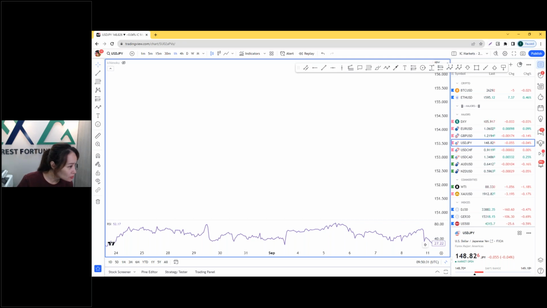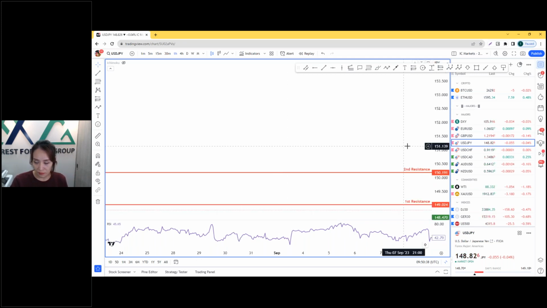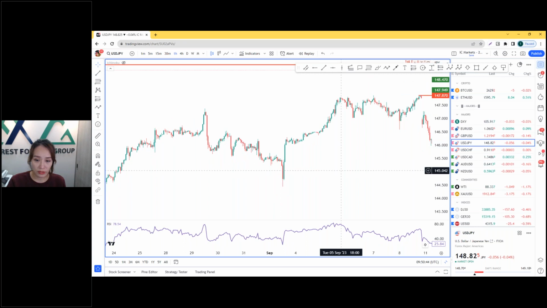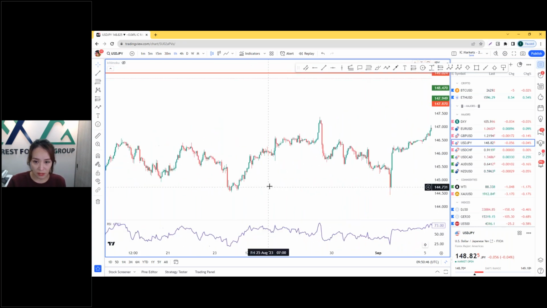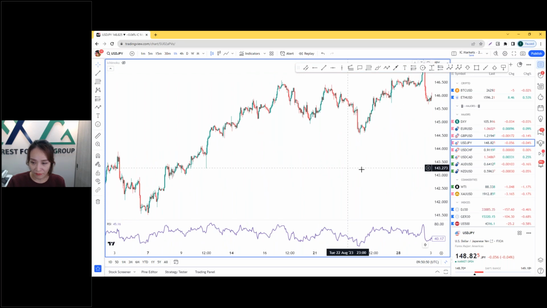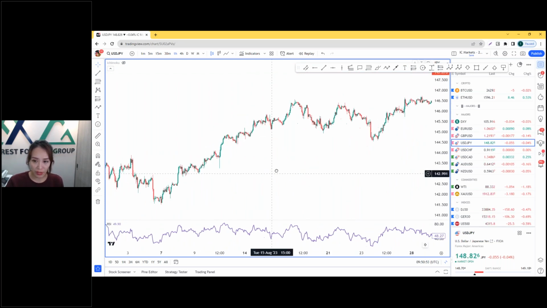Okay, so using the wick, again, if you draw the trend line, or either you draw support and resistance, like I say, you can draw at the wick or the body, that doesn't matter, because you just want to get some lovely rough idea that price is on uptrend.